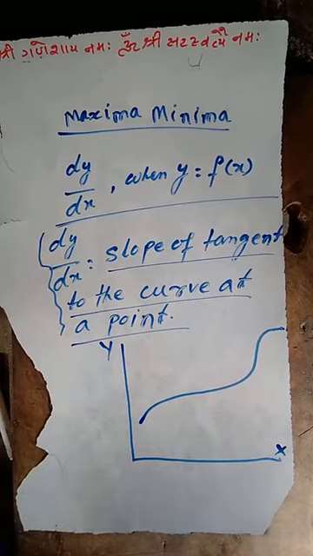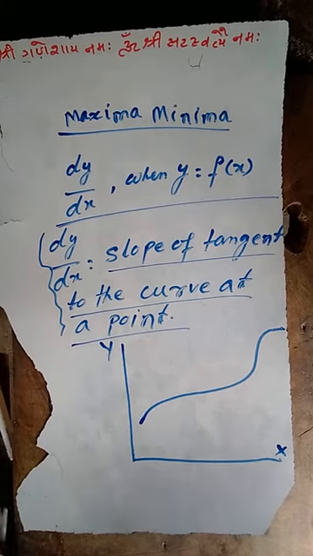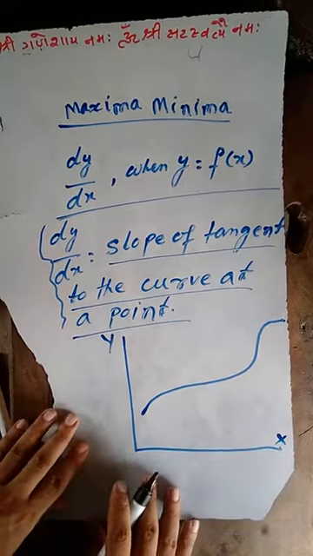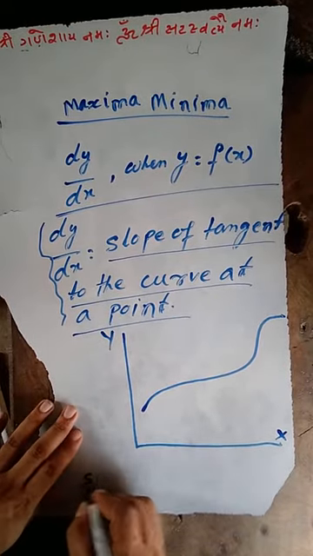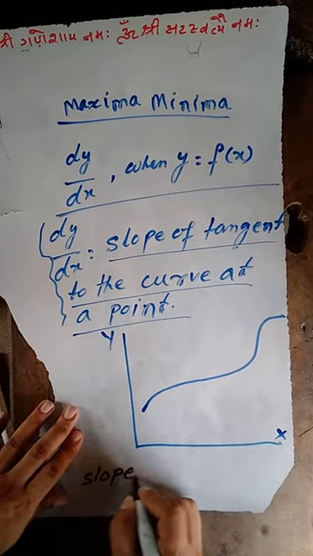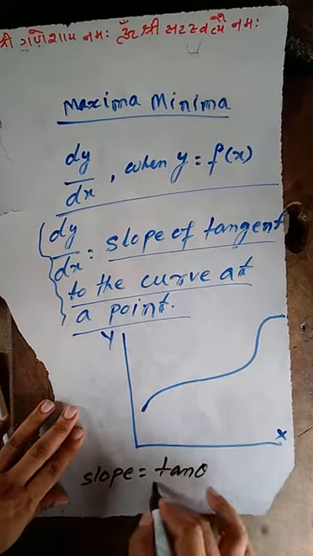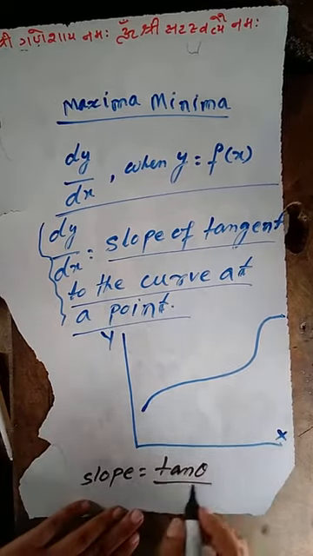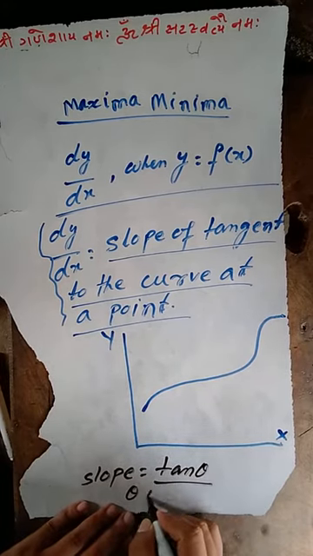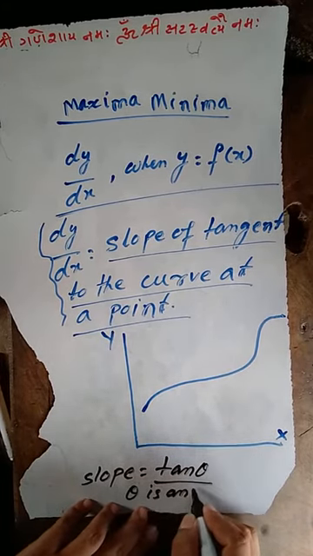Now at any point, what is the meaning of dy by dx? It means the slope of the tangent to the curve, and we know that slope means tan theta, where theta is the angle.